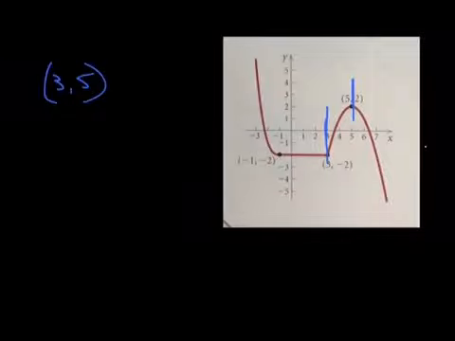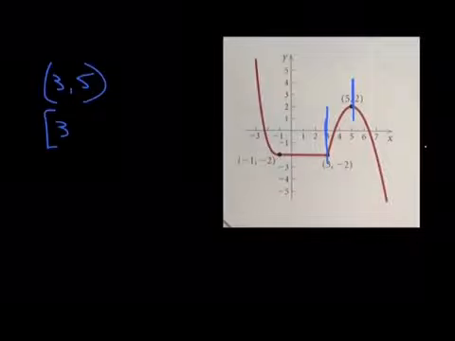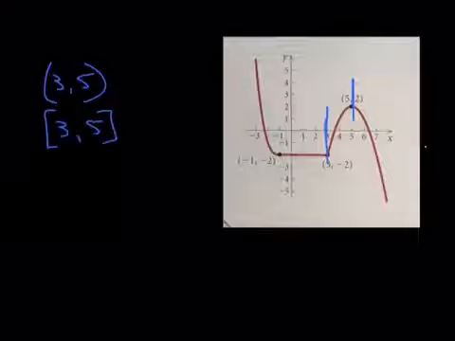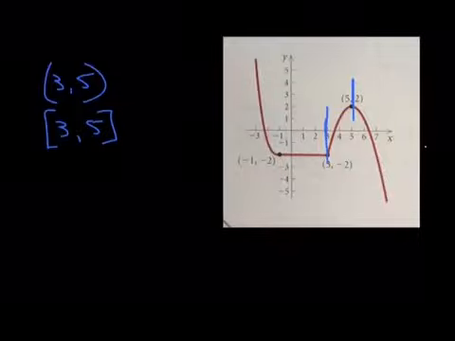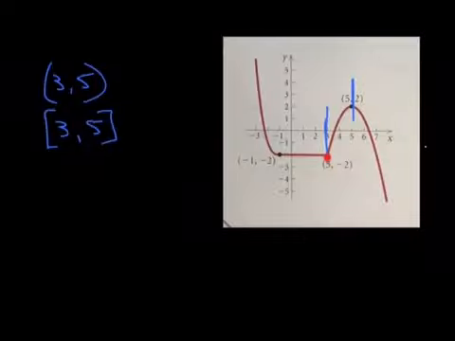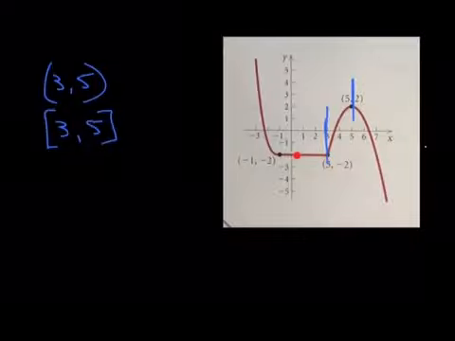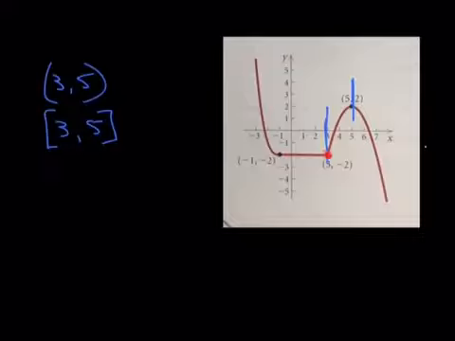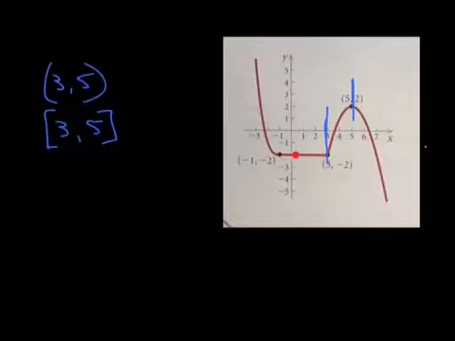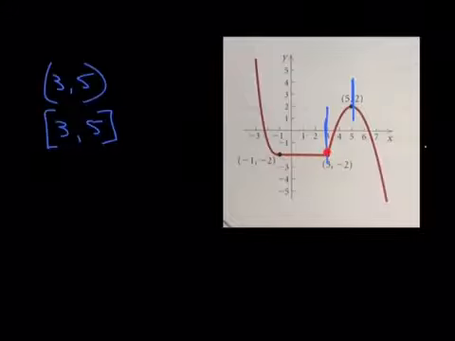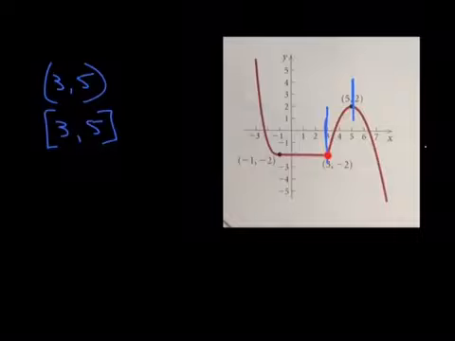And notice it does not have the inclusive brackets on there because it does not include 5 or 3. At 3, it's not increasing, it's just sitting there. It's changing direction. If it's changing direction, going from constant to increasing, at the point it's changing, it's not increasing, right? It's just kind of there.